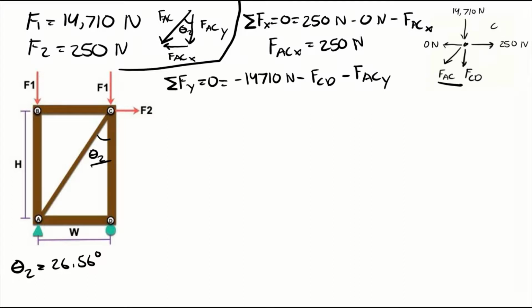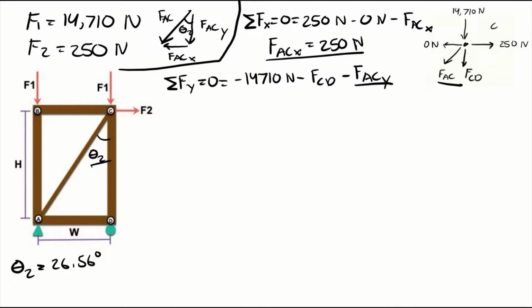So the issue here is we have two unknown forces, which means we can't solve for both forces because we don't have a means to. But we can use F sub AC and some trigonometry to solve for F sub ACY, which will then let us solve for F sub CD.